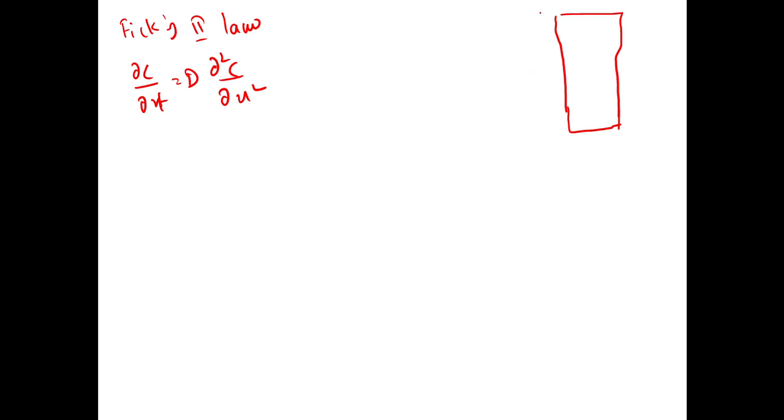So here it is CS, and here it is C naught. It's a surface concentration. So we'll be compressing from this side, x equal to 0 to x equal to infinity, and we'll be moving from left hand side to right hand side, x value.